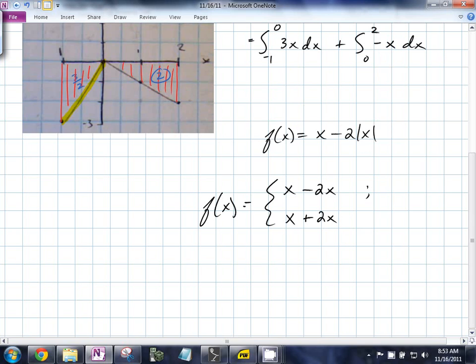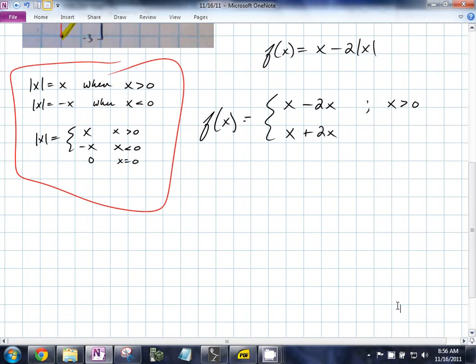What does the absolute value function do to the x value? It breaks it into two. No. When you take the absolute value, it is effectively not there when x is positive. Do you agree? But when x is less than 0, what do you have to do to the overall absolute value? Make it negative. So you make it x plus 2x when x is what? Less than 0, exactly.